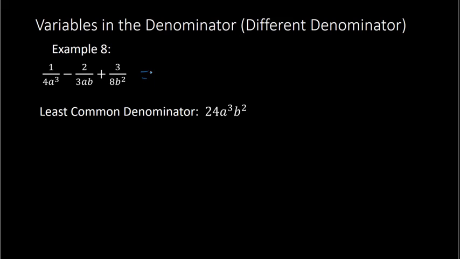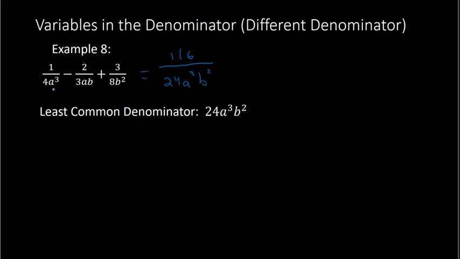So looking here at our 3 different fractions, the first one we need to write as something over 24a to the third b squared. So initially we had a 4, now we have 24. We had to multiply 4 by 6 to get 24, so I multiply the 1 by a 6 as well.